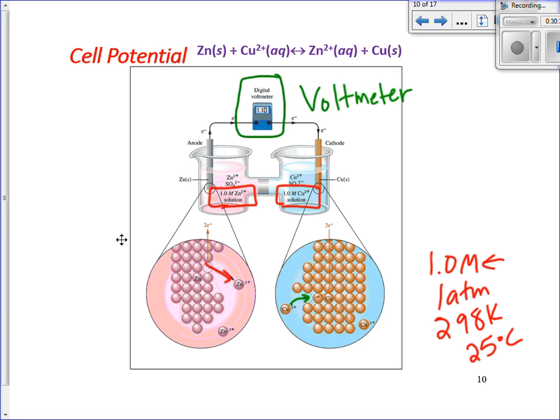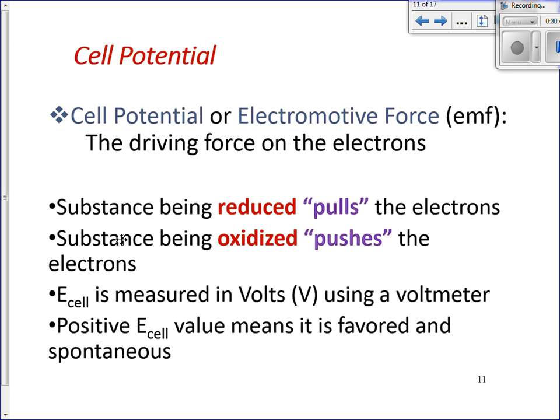All right, so figuring out how to set up our cells with the right components. How are we going to be able to make the electrons flow spontaneously and be favored? We have to look at a particular factor called the cell potential.